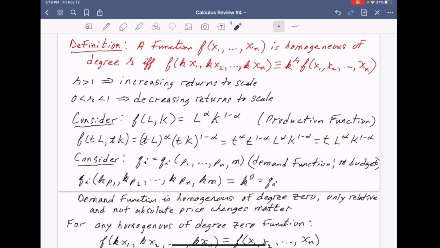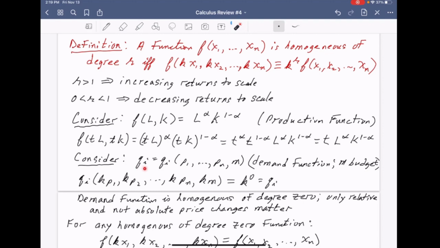So we've increased output by a factor t as well. We've increased each of the inputs by a factor of t, and that increases output by a factor of t as well.